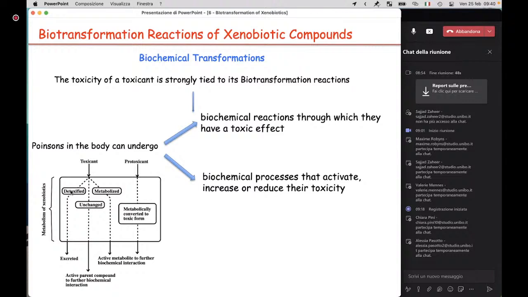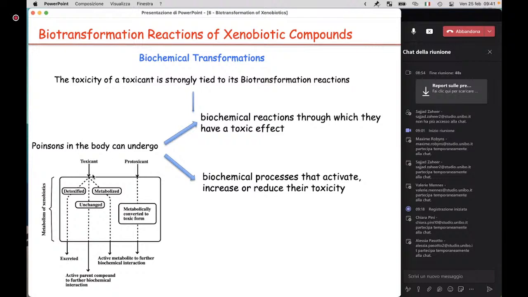Okay, so mainly, for example, if it enters the body into the intestine, it will be modified, of course, during digestion, but what we call biotransformation will happen after it passes the intestine wall and it is effectively absorbed. Once it is effectively absorbed, biotransformation begins.